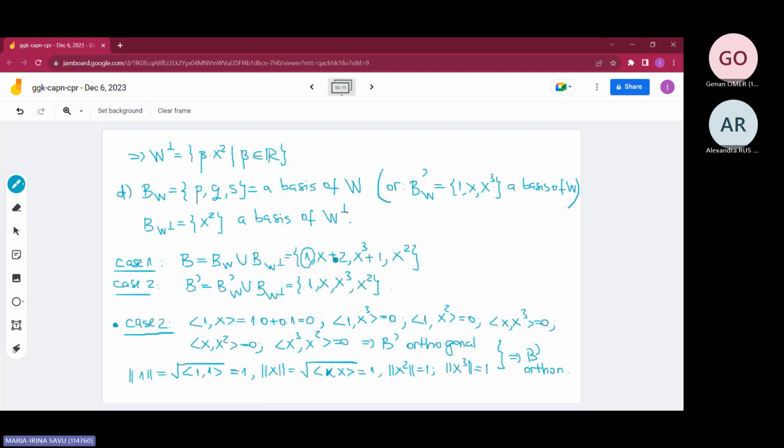Do you hear something which is perpendicular to 1? You can choose x squared, for example.